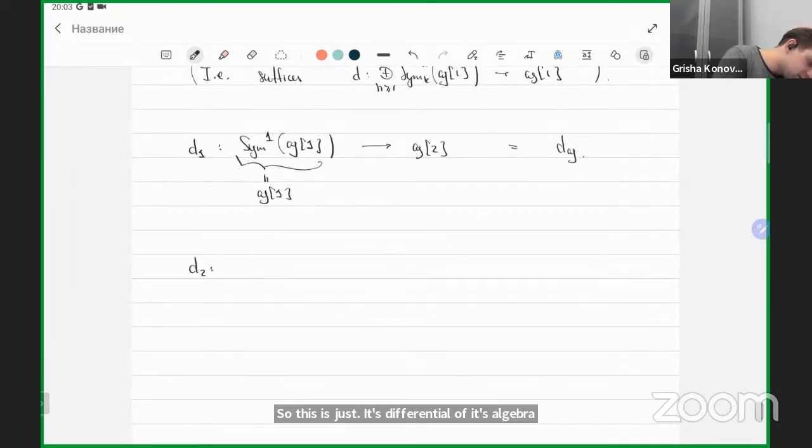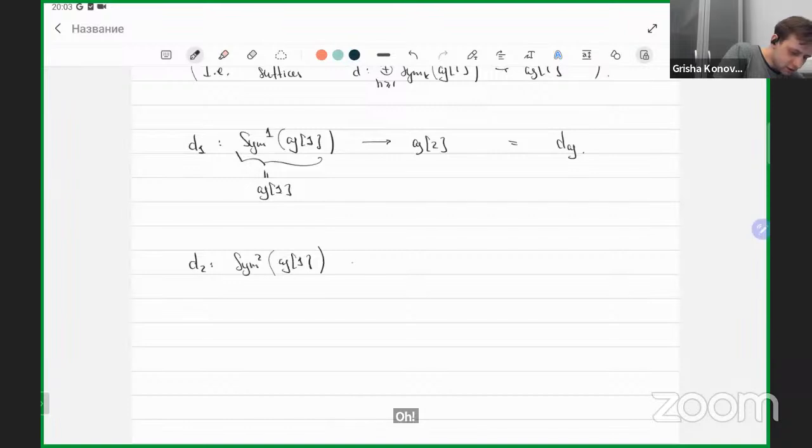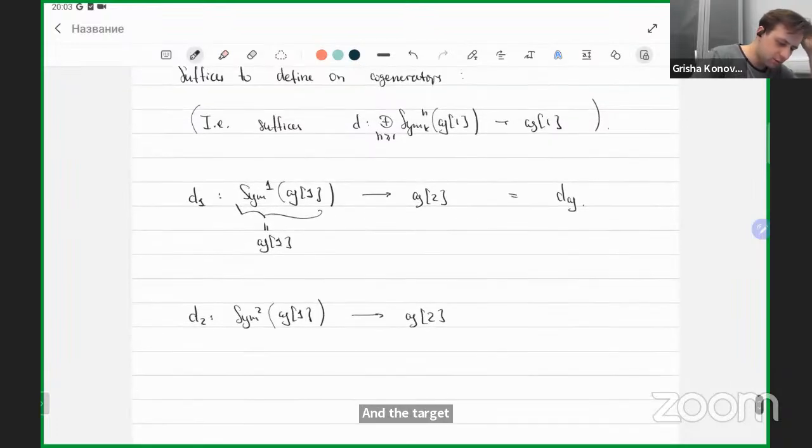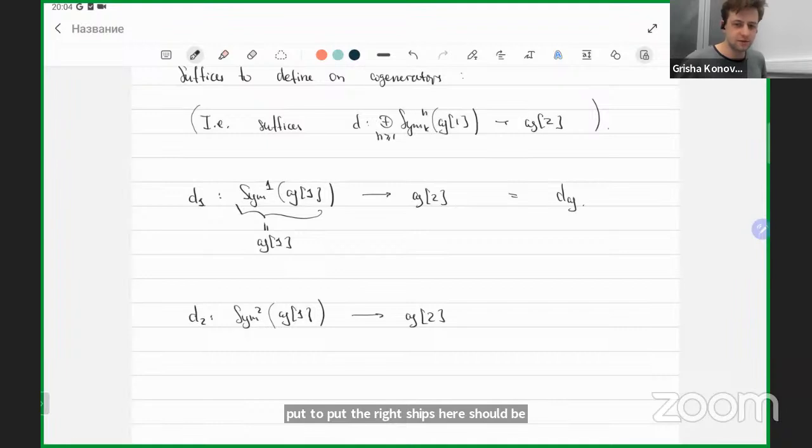And the second part is d2, defined on Sym2 of this. And the target is again g. Yeah, by the way, I forgot to put the right shift here. It should be g shifted by 2, because the differential is meant to have degree 1.